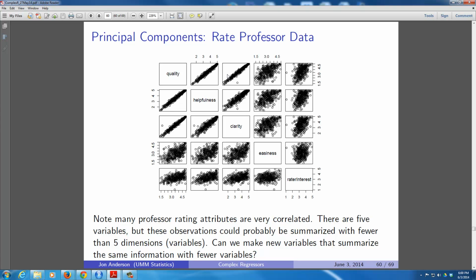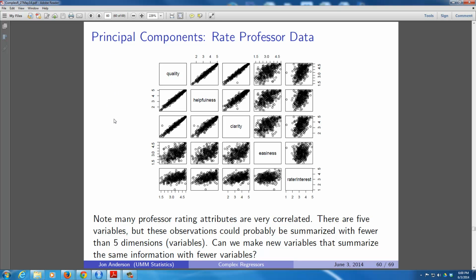So could we summarize these 5 variables, the information in them, with maybe 1 or 2 or 3 variables to simplify our situation? Remember, the trouble we get into sometimes in regression models when the regressors are all very correlated. We get a difficult time with interpretation and signs and coefficients changing a lot. So if we could address that issue, we might be able to make an analysis more informative and more reliable.